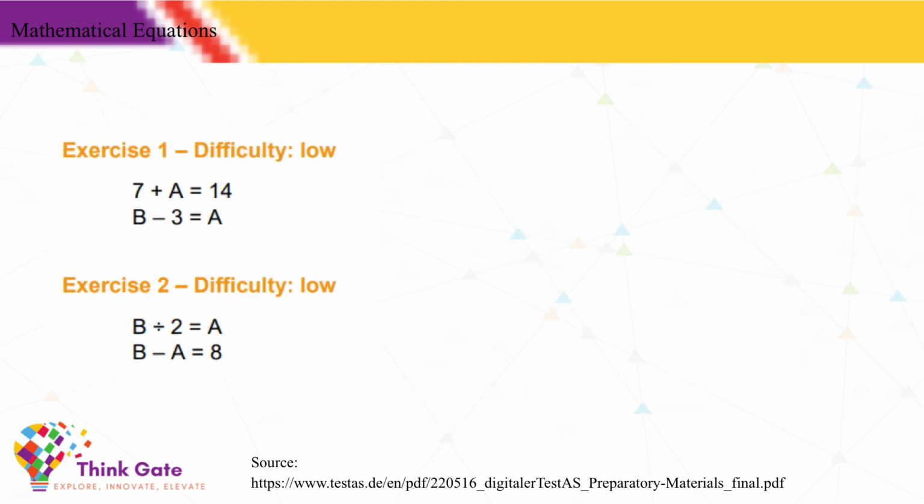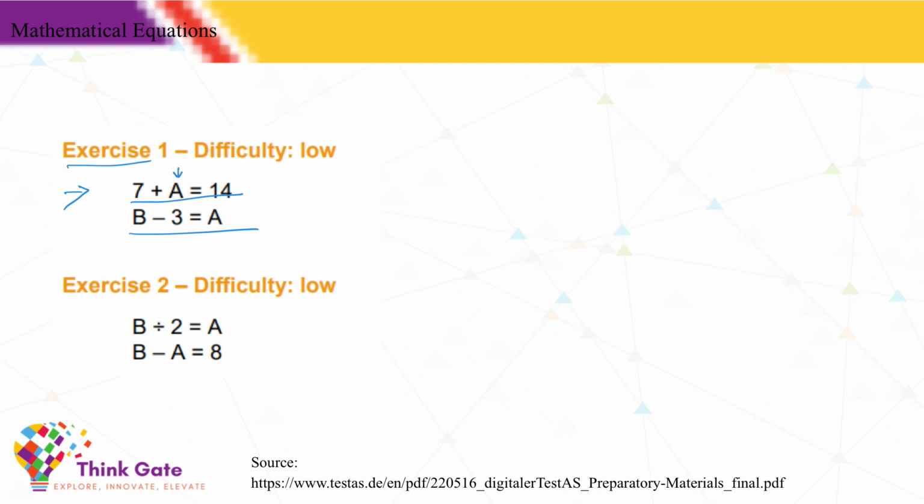Let's take a few more examples that are given on the TestAs official website. So here we have the equations for exercise number 1: 7 plus a is equal to 14 and b minus 3 is equal to a. Always start solving the equations where we have one variable. So here we have one variable.